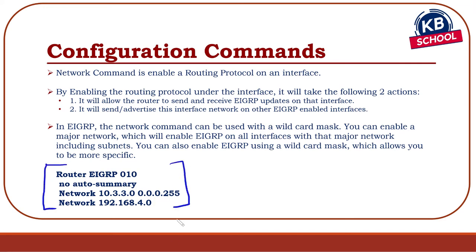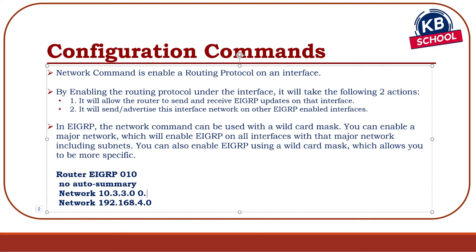The difference over here, though, is when you specify that, this is how you would do it on a router. If you want to do it on the ASA firewall, it does not support the wildcard mask. So if you want to do it for a specific subnet, not the entire major network, you would need to put the mask as 255.255.255.0.